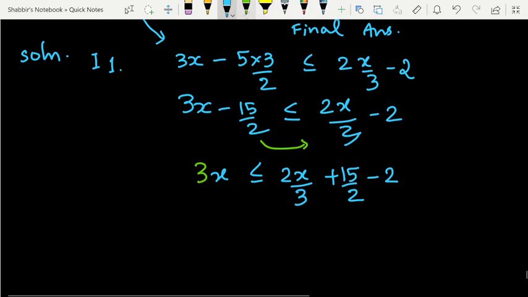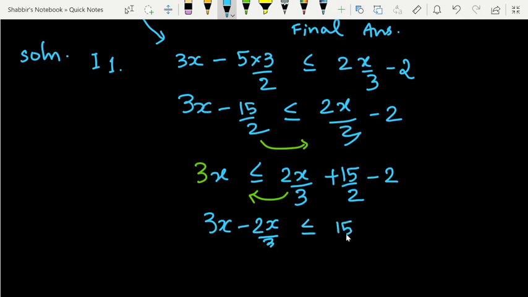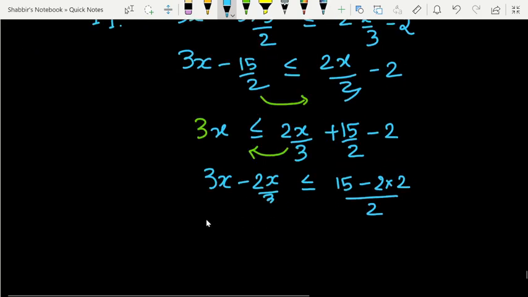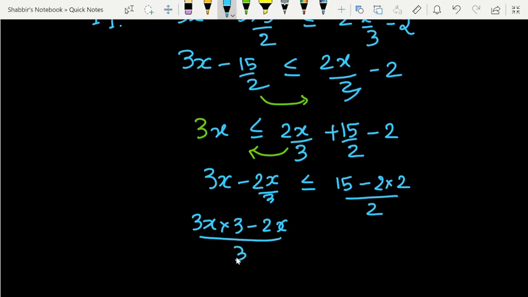Now I will take this on this side LHS. So 2x by 3 becomes minus 2x by 3. Taking LCM, 15 minus 2 into 2 by 2. Okay. Now here also taking LCM, 3x into 3 minus 2x upon 3 less than equal to 15 minus 4, which is 9 by 2.